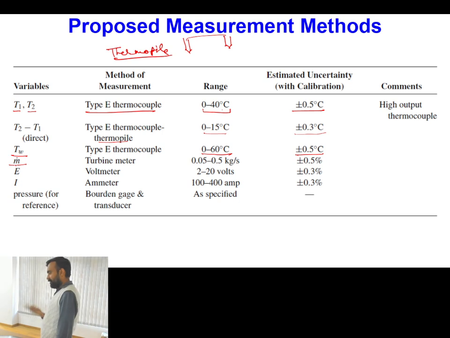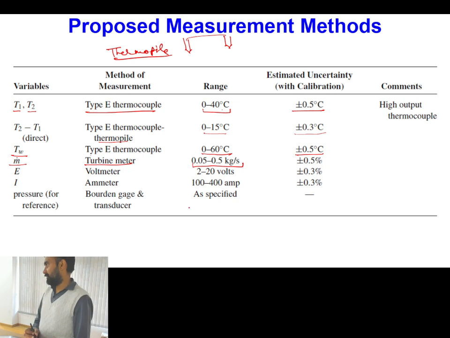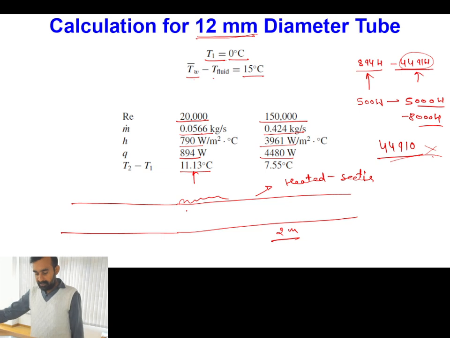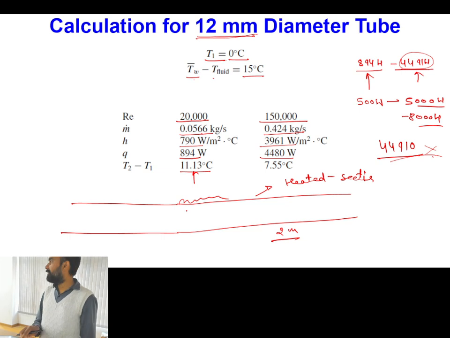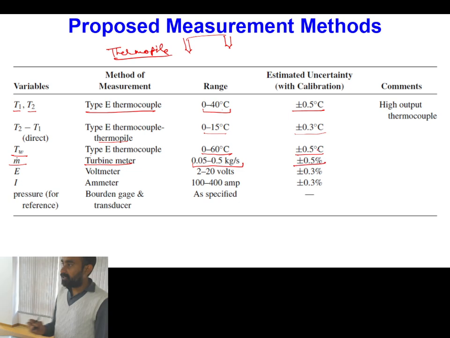So for our measurements, by having a good compromise between the cost and required accuracy, we can choose the turbine flow meter, and the range of this turbine flow meter is 0.05 to 0.5 kg per second. So again it is meeting our required range, and the corresponding uncertainty is plus minus 0.5 degrees Celsius.